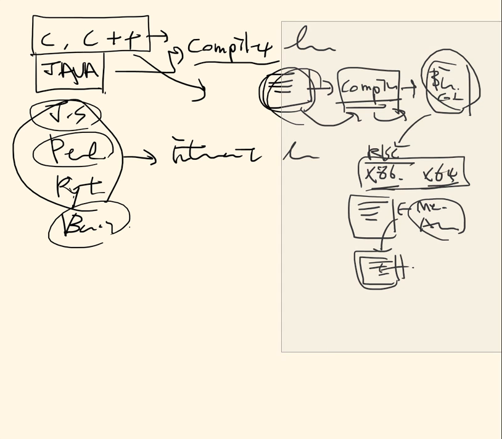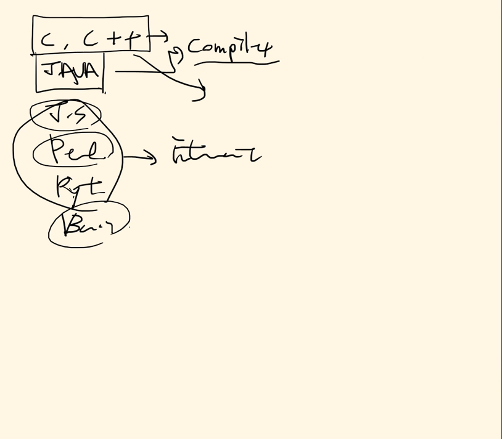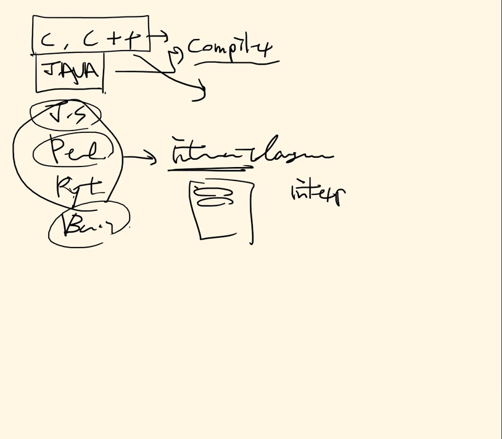On the other hand, with an interpreter language, there is no need to compile. We say that there is an interpreter. The interpreter just reads line by line and executes the code line by line.